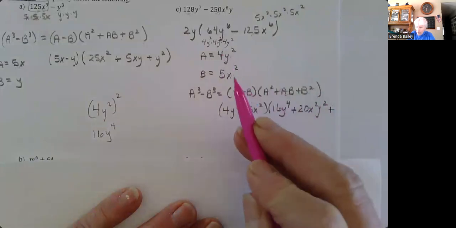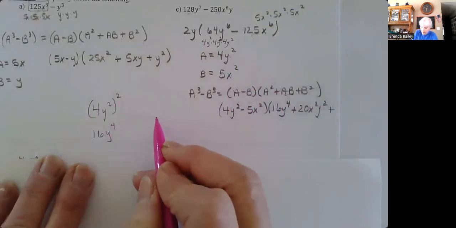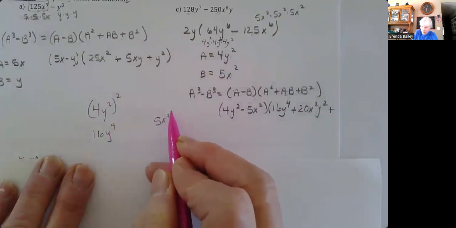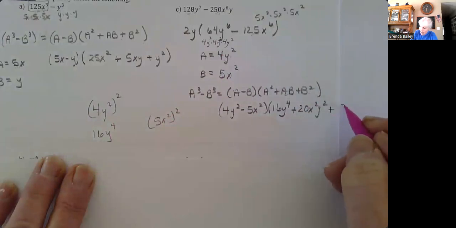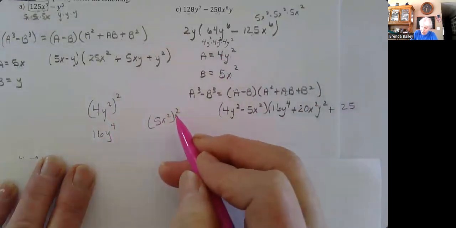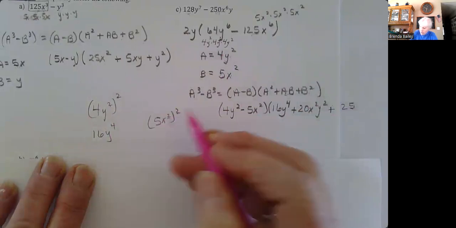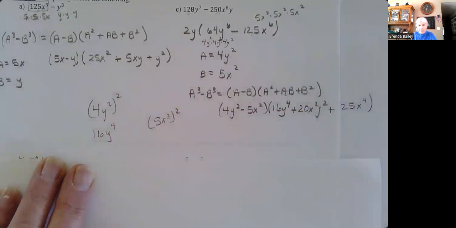Well, how do you square that? Just like we did the A. You get 25. 5 times 5 is 25. And then you multiply a power to a power, x to the 4th. And now you're done factoring.